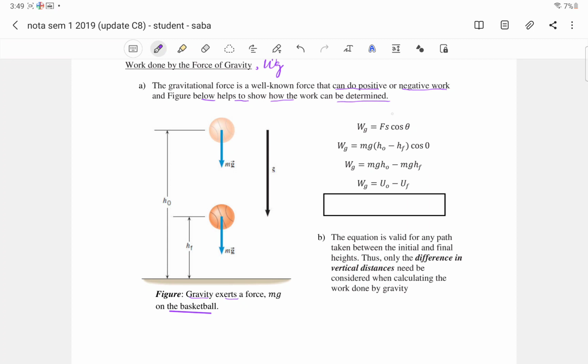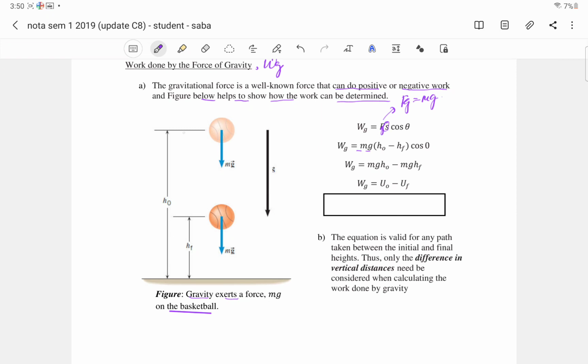So we look here, we have Wg is equal to Fs cos theta. W is the work done by gravity, F is Fg. So Fg is our mg. So Wg equals mg, and then we have the displacement.